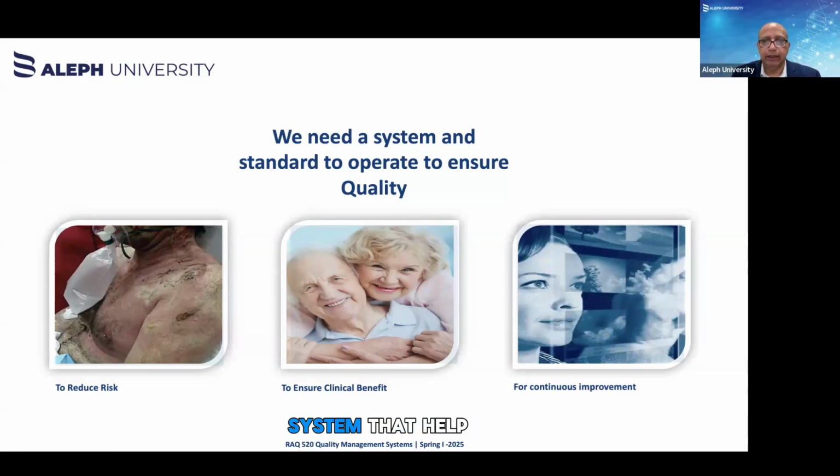And so we need a system that helps us understand how people use the product, if they are getting the clinical benefit, if there are adverse events, and how we can improve the product once it's out in the market. So we need continuous improvement, and a quality management system helps us to do that.